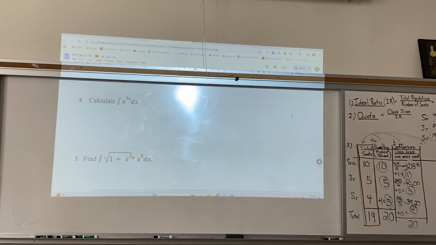But what you could do is you could always take the derivative, using the chain rule every time, because that's why we use substitution. Take the derivative using the chain rule, see if you get back what you started with. Anybody have an idea of what they want u to be?